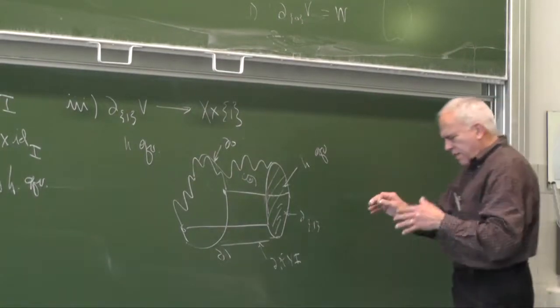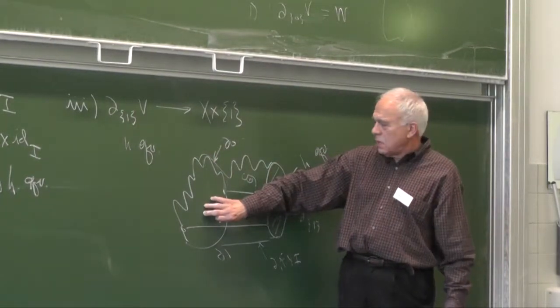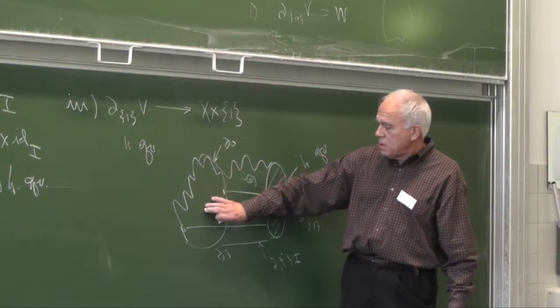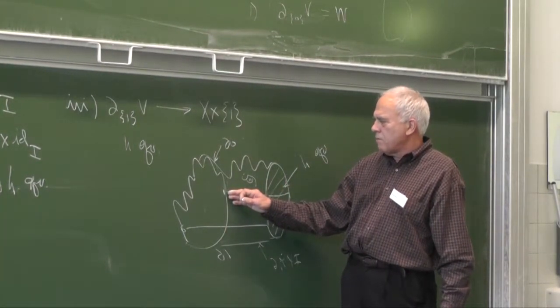Okay, one way to think about this is, here we have a problem, a normal map, which is already a homotopy equivalence on part of the boundary.